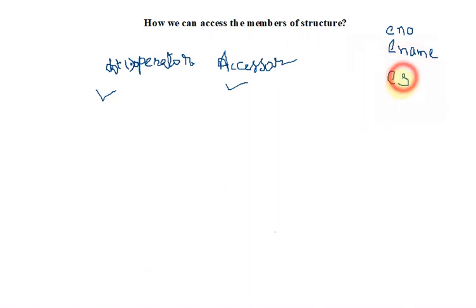Now it is okay. So how can we access all these members of the structure? This is the dot operator. Using this dot operator, we can access the members of the structure. And how will it work? I am just trying to write an example, so you can understand how we can create a structure and how you can access the members of your structure.